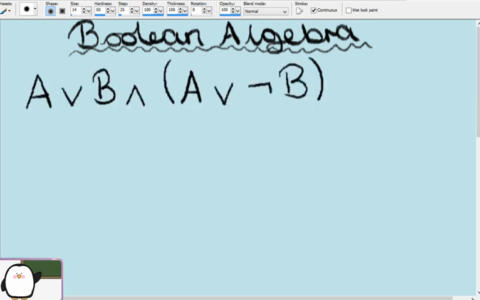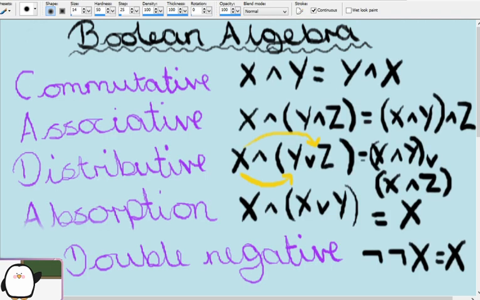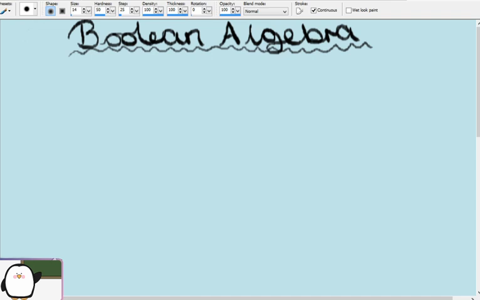Because if we have a look at the question, we have B and (A or not B). So let's have a check at what the distributive rule says. So if you have X and (Y or Z), you can change it to X and Y or X and Z. So let's have a look here.